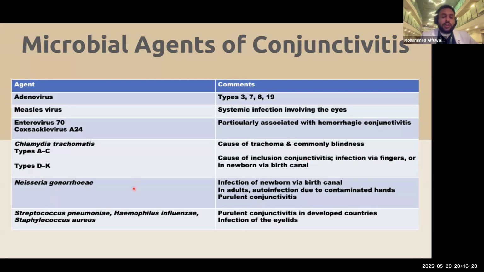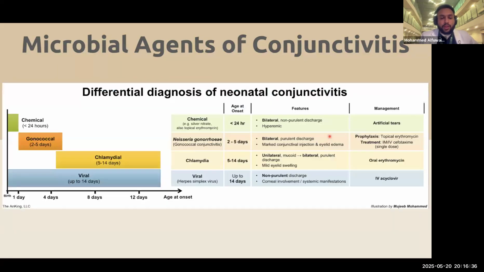Neisseria gonorrhoeae is another one that happens in the newborn. Then these agents cause a bunch of stuff. Don't worry too much about this. These two, plus adenovirus, are very important. And these two for hemorrhagic. Now for neonatal conjunctivitis, which happens in newborns, ignore chemical, but I want you to remember Neisseria and chlamydia.